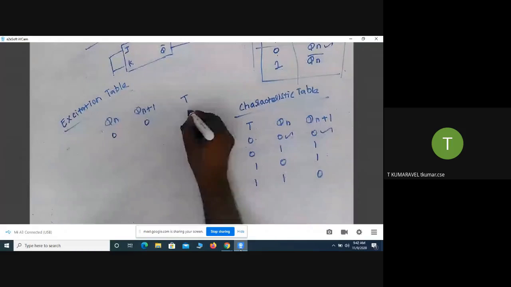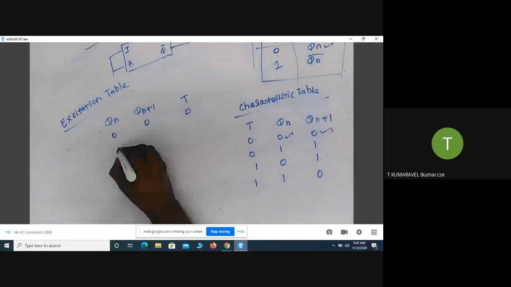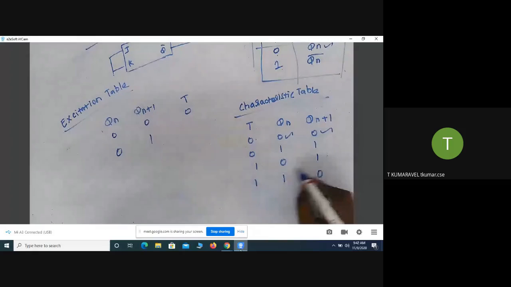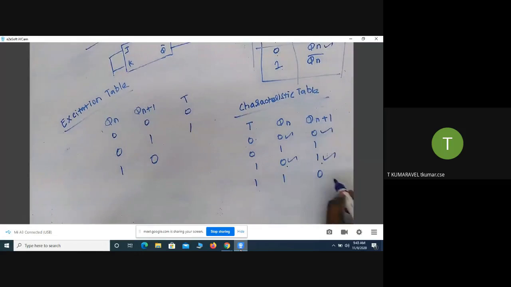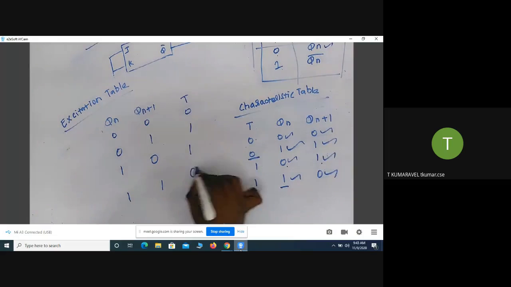Next, 0 1: my previous stage output is 0 and the current stage output is 1. What is the value of T? Only one combination is there, 1. Similarly for 1 0, T is 1. Next is 1 1. What is the T value? 0. It is okay for you.